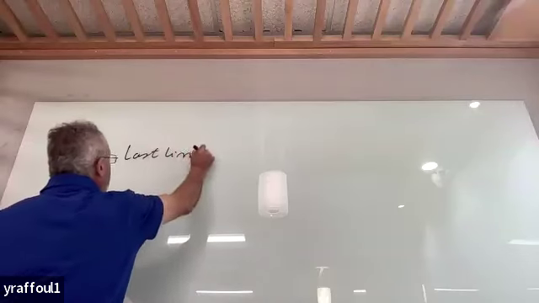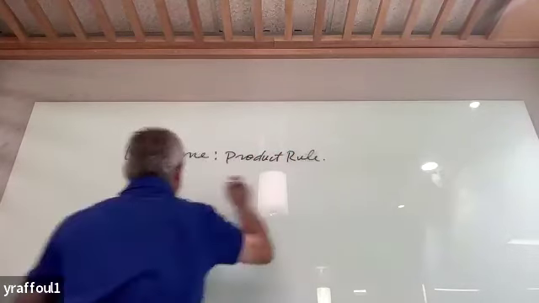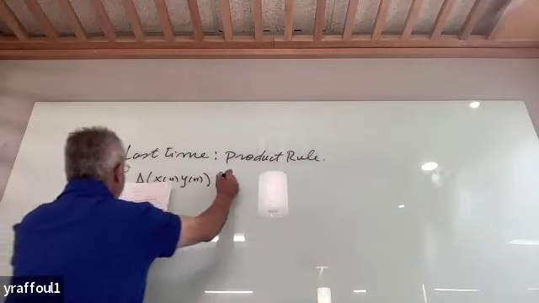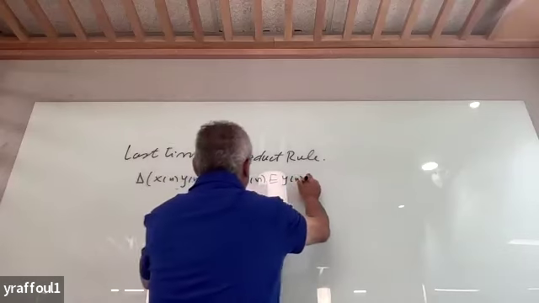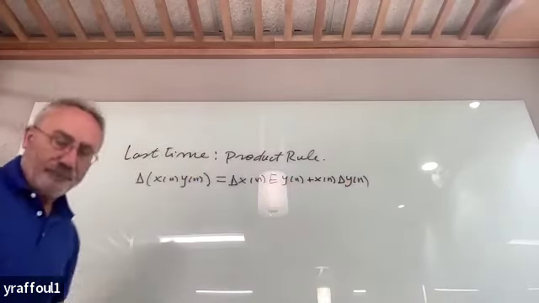Okay. So last time we did the product rule that says del of x_n y_n is del x_n E y_n plus x_n del y_n.